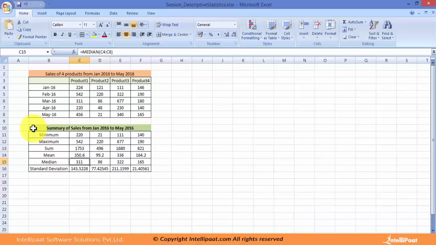And what is the median? To calculate the median, you keep all these values in increasing order, starting from 220, 224, 311, 456 and 542. This is the increasing order. Just for your information, I'll write it down here: 220, 224, 311, 456 and 542.